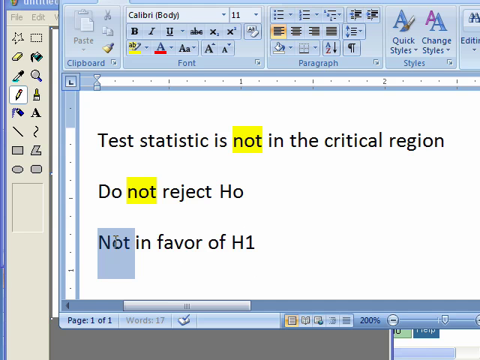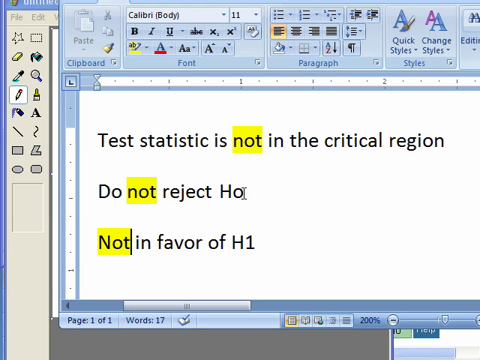Isn't that just beautiful? All those knots just line right up. So if the test statistic is in the critical region, then you do reject H naught, and therefore you're in favor of H1. But in our case, not in the critical region, do not reject H naught, not in favor of H1.